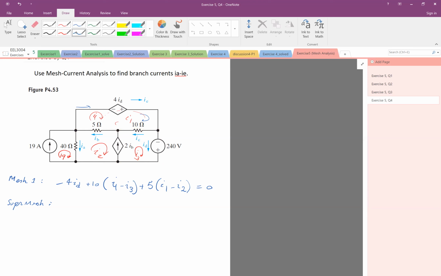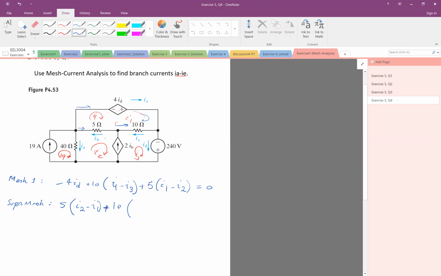Okay, so let's just start from here. 5 times, what is the current? I2, this is my direction. I2 minus I1 plus 10.